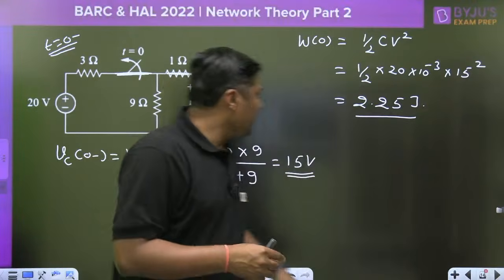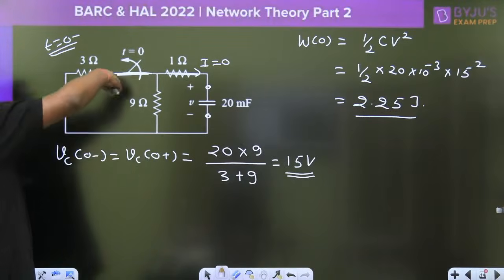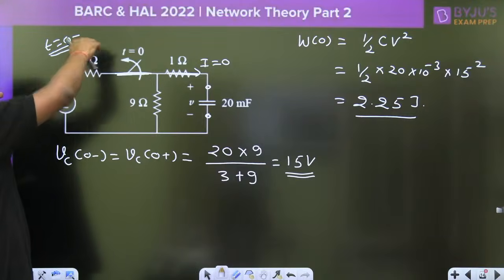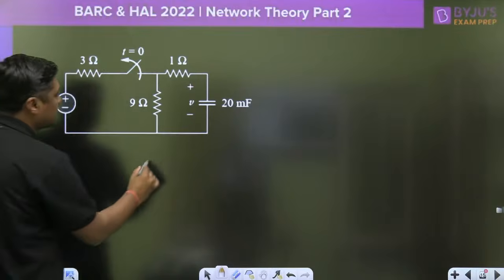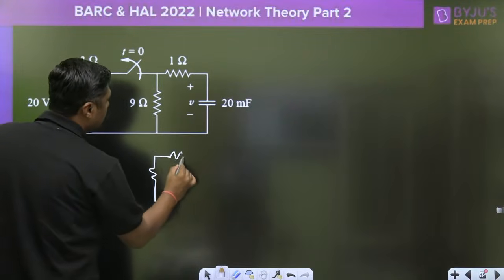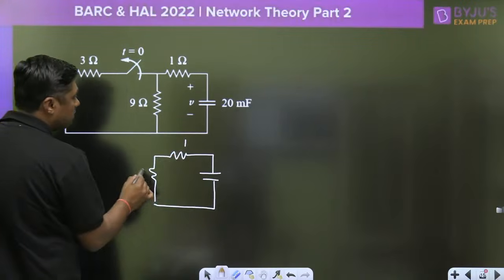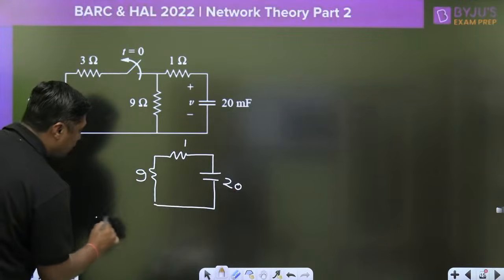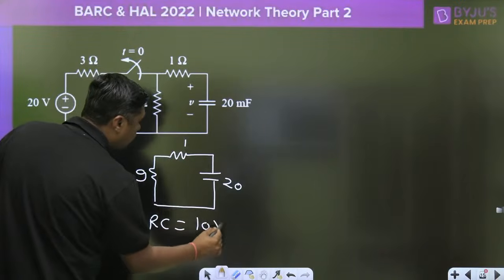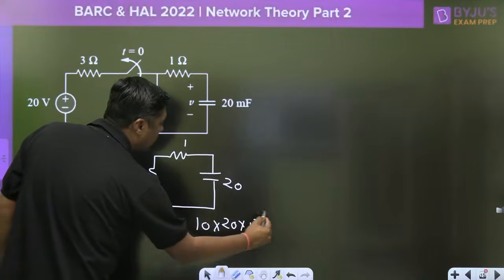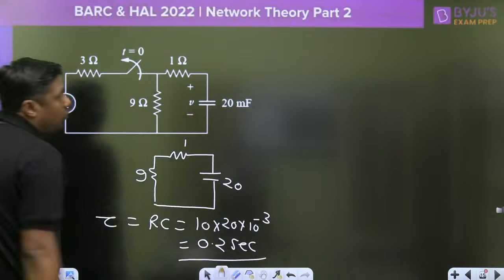Now, what will be the time constant of the circuit? When we are calculating the time constant, my dear, this switch is open. When this switch is opened, remove this. We have to calculate the time constant of this circuit only, because this switch is opened. 1, 9, 20 millifarad. What is the time constant, RC? 10 into 20 into 10 raised to power minus 3, that is nothing but 0.2 second.